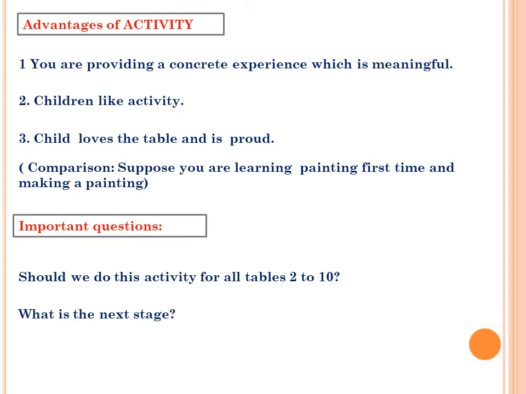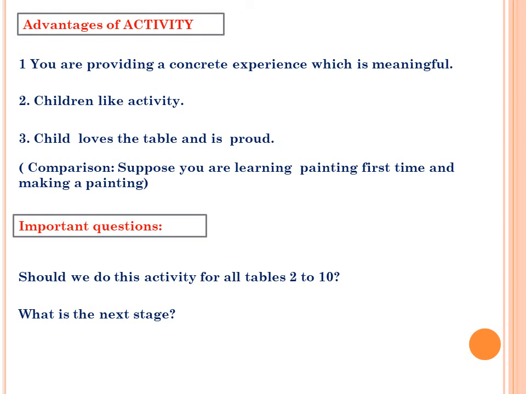Second one, what is the next stage? Very important. See, we have not completed the entire activity. This is just the beginning of the concept of multiplication. Probably we have done two things. One is we are trying to make the child understand the concept of multiplication, number one.